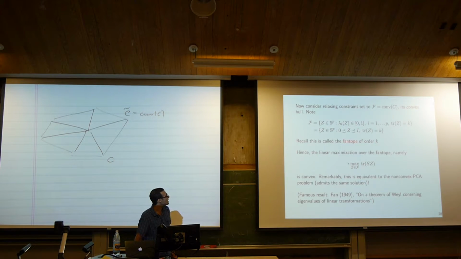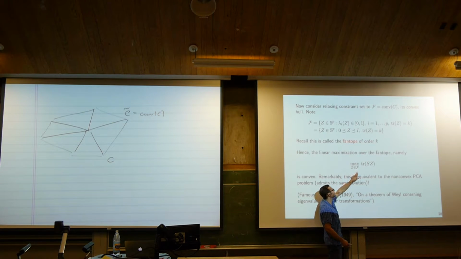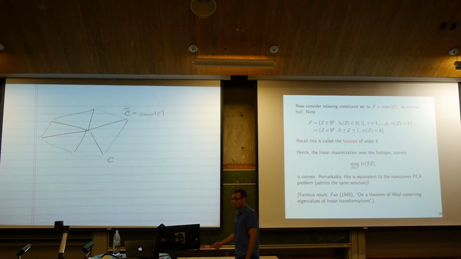If we were to minimize our criterion function over this set, that's a convex problem. Because the constraint is Z lying in a convex set by construction. This was the convex hull of projection matrices, so it's convex, and the criterion is linear in Z. So that's actually a convex problem.